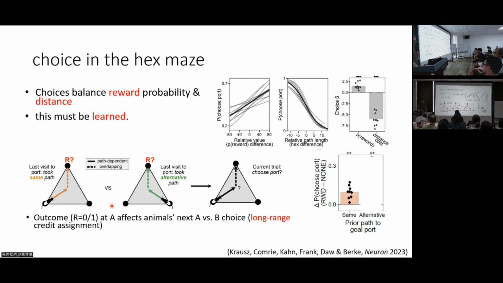an alternative possibility is, let's say the animal runs from here to here, gets rewarded, and now runs to here. Now he's taking an action which is not the same. He's following a different trajectory than the one that resulted in the reward. And so the question is, does the animal still go here more often if this was rewarded than if it wasn't, right?